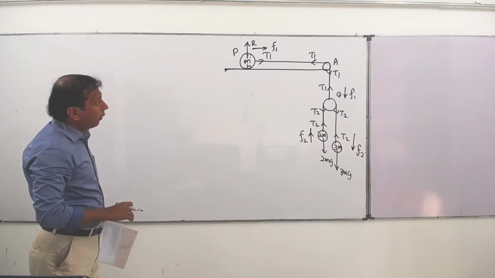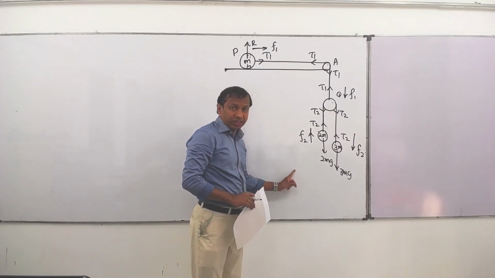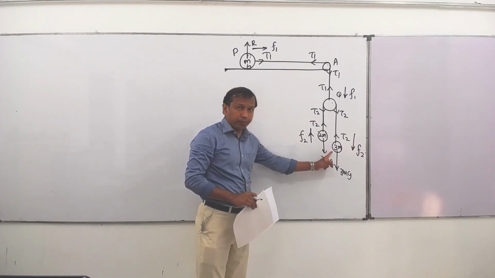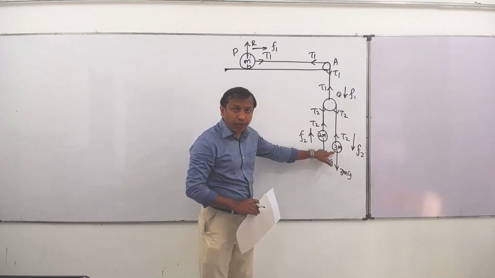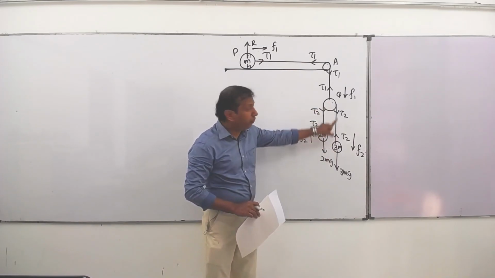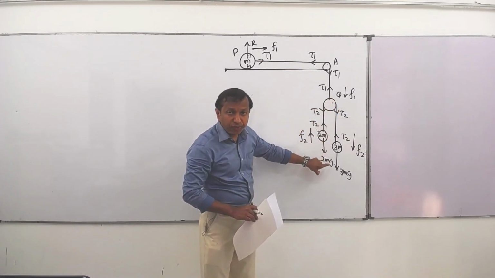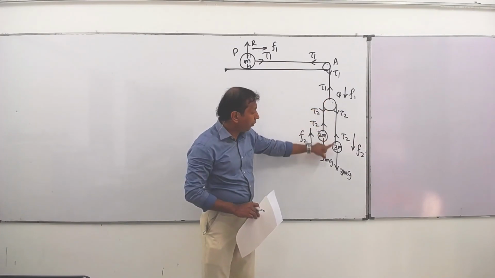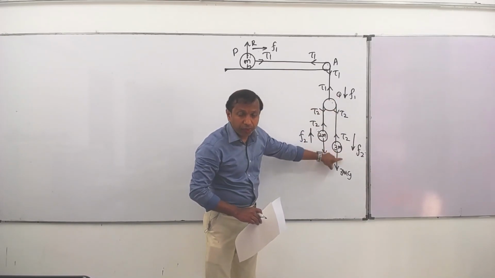Now, when a certain person observes the motion of this 3m, suppose this 3m is stationary, doesn't move. Now Q is moving down with acceleration f1. Since Q is moving down with acceleration f1, because of the motion of Q, this 3m should also be moving with the same acceleration f1.